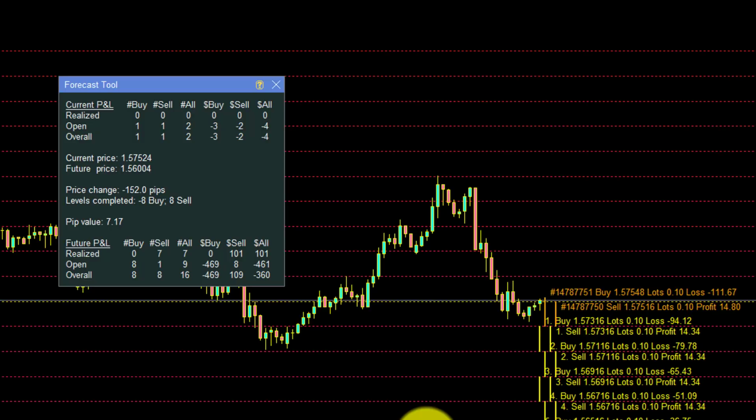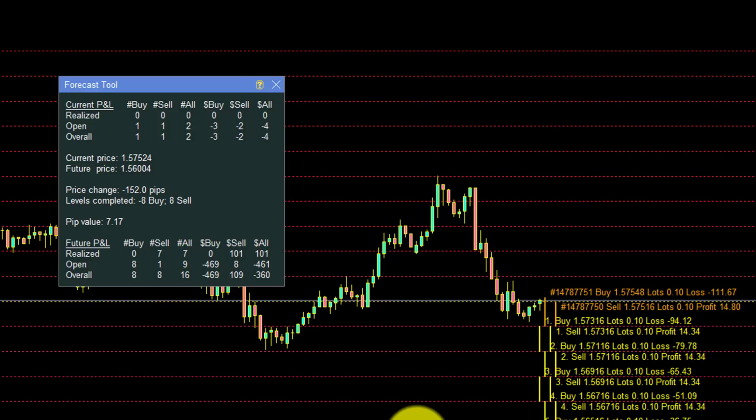Now it will pre-calculate the amount of profit or loss you'll make given a particular price movement. In this case, I have a strategy of buying and selling at the same time, but obviously you can do the same thing if you had a strategy of only buying or only selling. And then you can test your various settings to see the effect of that strategy.